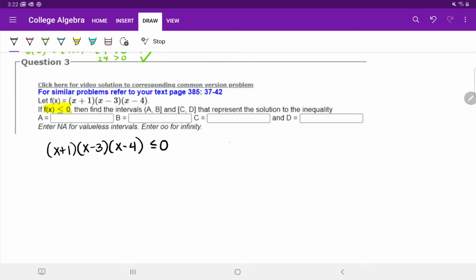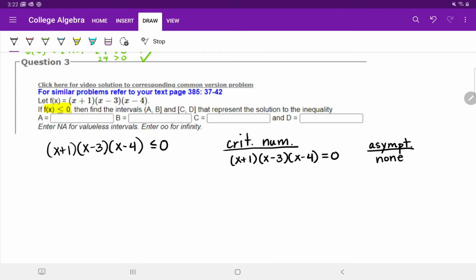So first we start off by finding our critical numbers. That is going to be where our function, its numerator, which is everything in this problem, is equal to 0. We're also going to look for asymptotes, but in this problem, we don't have any denominator, so we won't have any asymptotes.